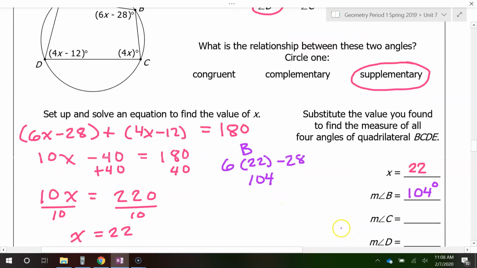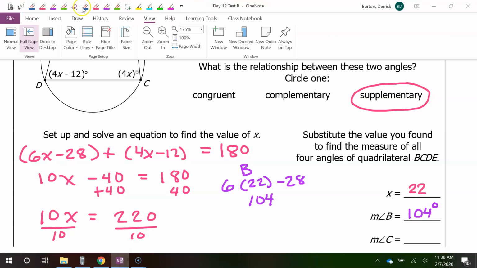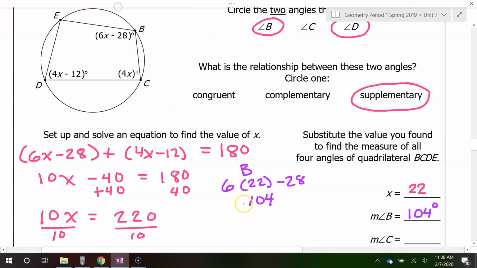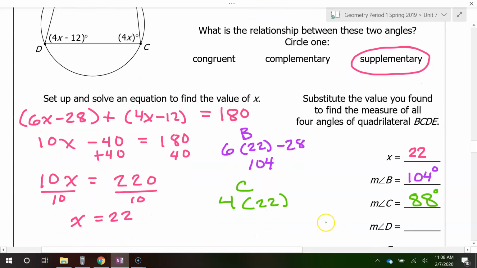Okay, what about the measure of angle C? Well, angle C is going to be 4 times x. All right, so we're doing angle C now, and that's going to be 4 times 22. So that'll be 88. All right, what about angle D?